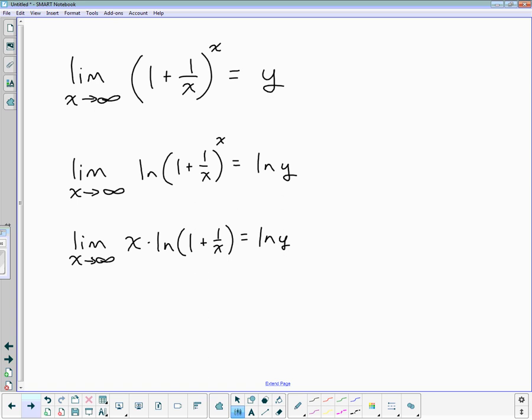Look at what's inside it. 1 plus 1 over x. When x goes to infinity, what does the inside of that go to? 1, and the natural log of 1 is 0. So we have, again, infinity times 0, which does not fly. We need to get this product to become a ratio. Okay? Here's a sneaky trick.